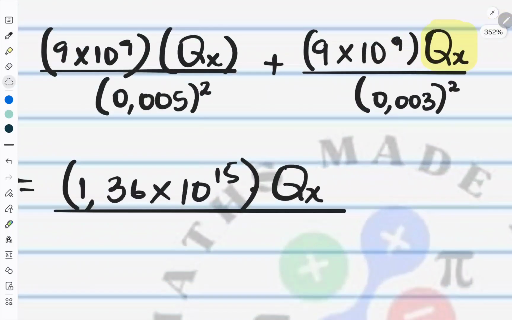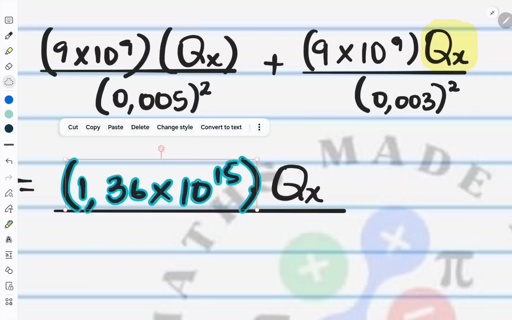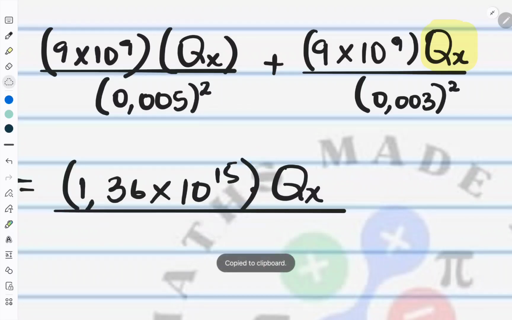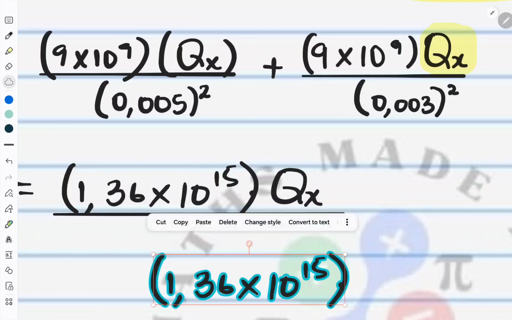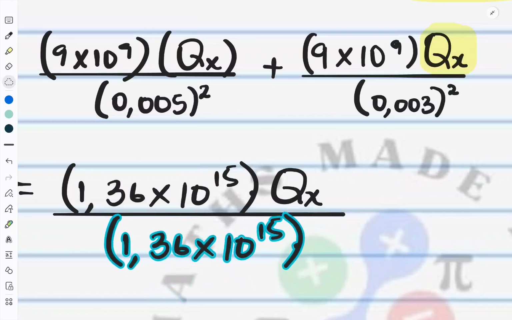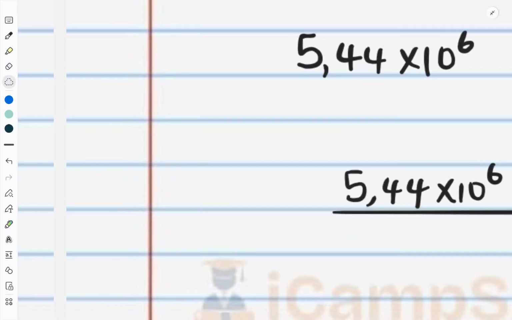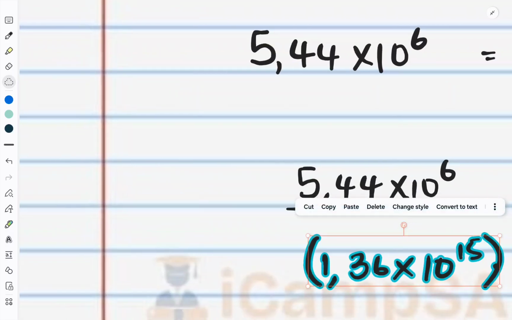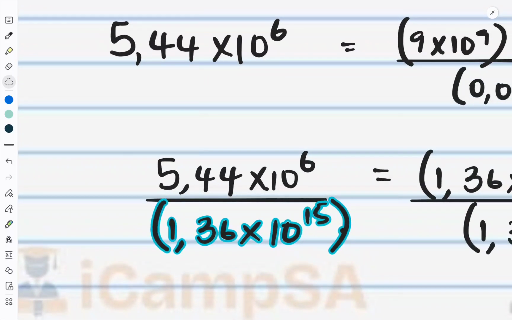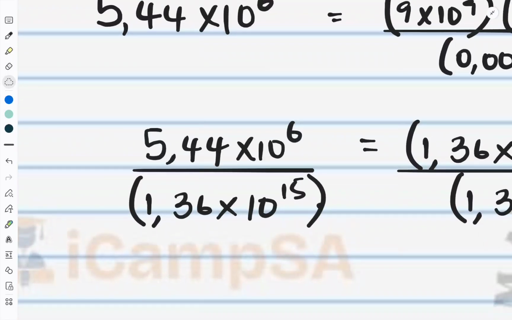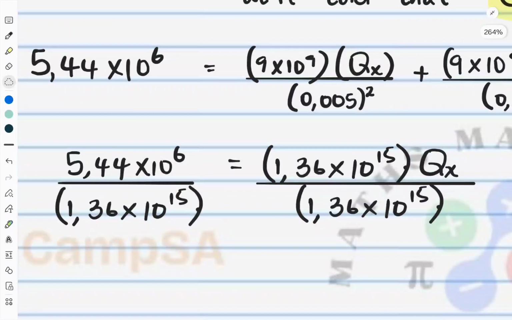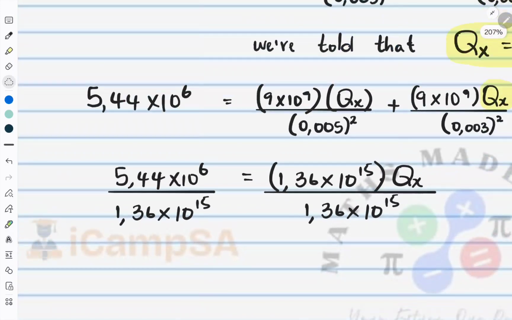Right, so we divide by 1.36 here and here. And then we can find our qx finally.